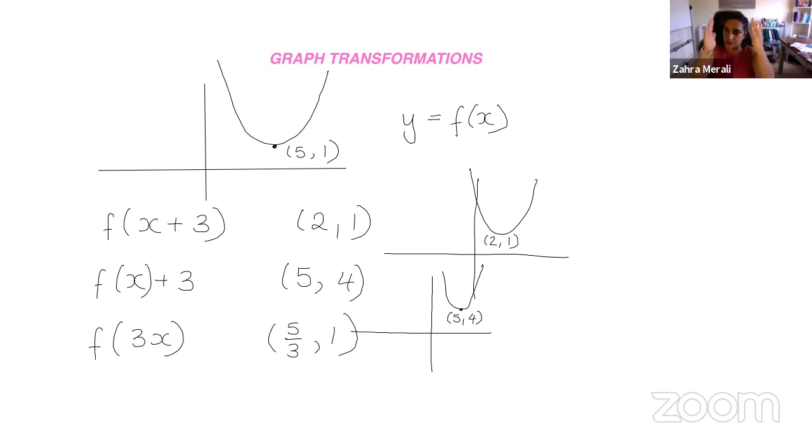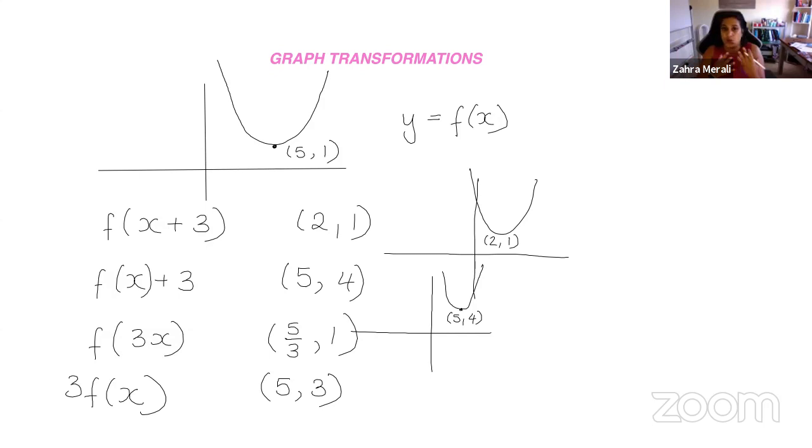And the whole graph sort of squishes up. If the 3 was outside the bracket, it affects the y. So straight away, we write the x coordinate down because it hasn't changed. And then the y is being multiplied by 3 because it does exactly what we want it to. So we end up with (5, 3).